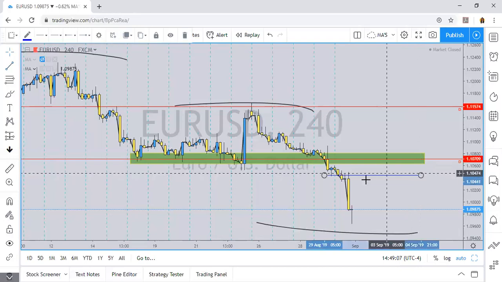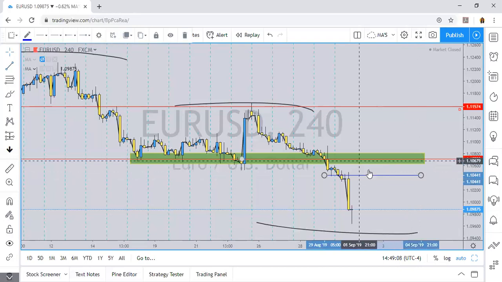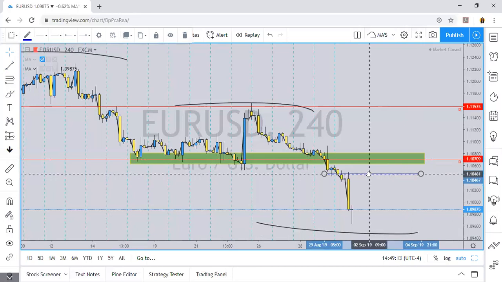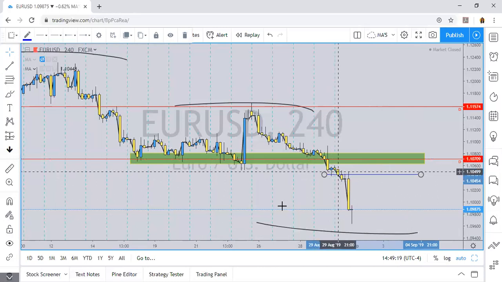So this area is for the daily, and this will be for my 4-hour, because we have support, resistance, resistance, resistance.